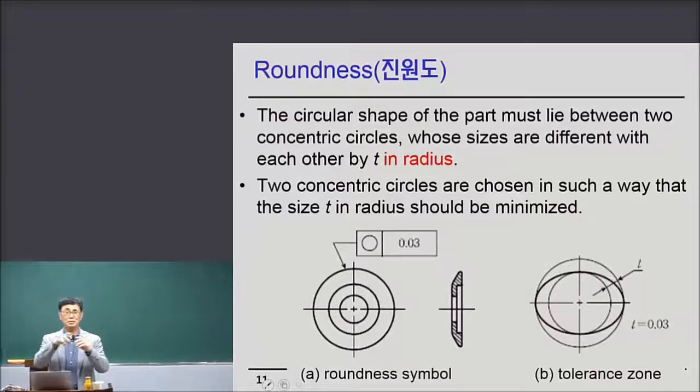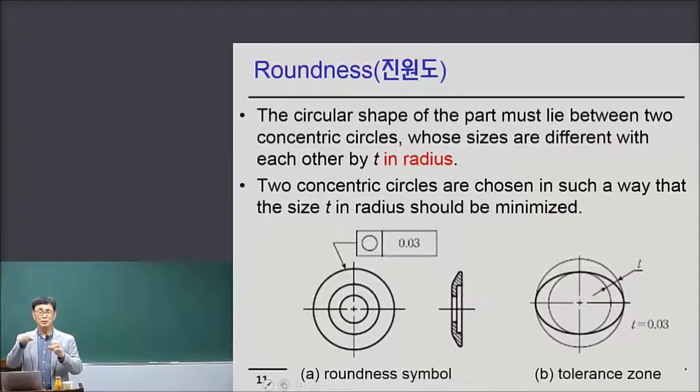You have to try to make two concentric circles with the same center, which can include the true shape in the inner side and outer side. Then you have to find the two concentric circles whose t is minimum. Then you can tell the roundness of this circular shape.